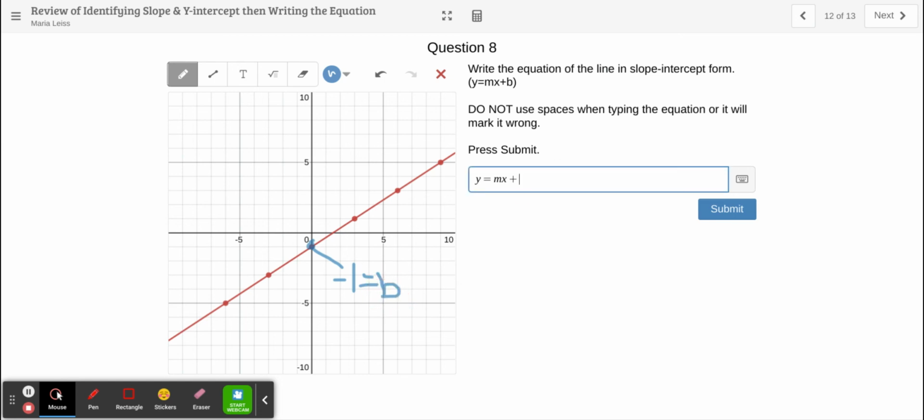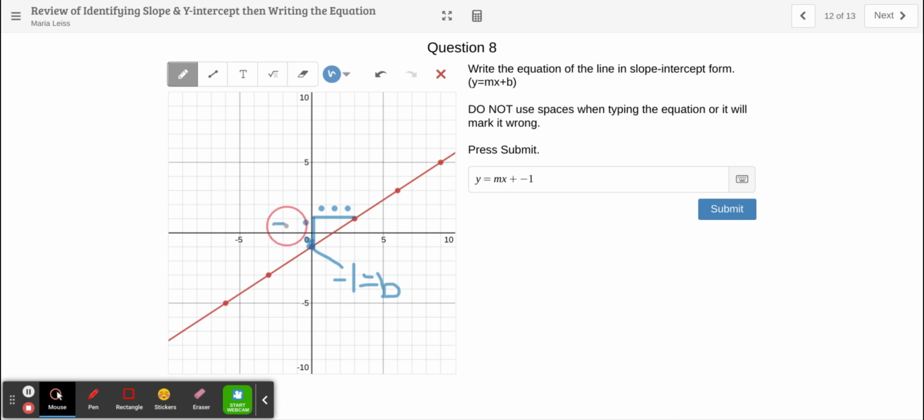Okay. So now I can come back here and I can change that to a -1. That should say a -1. And then I just need to pick out 2 points. So I can start here and I'm going to draw my step up, over, and now I'm counting. How many squares up did I go? I went up 1, 2, and then I went over 1, 2, 3.